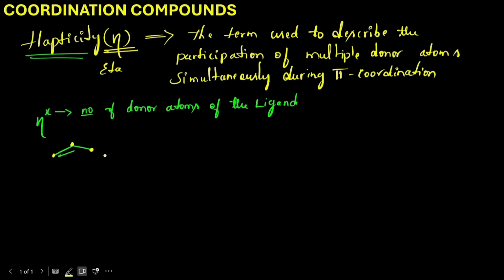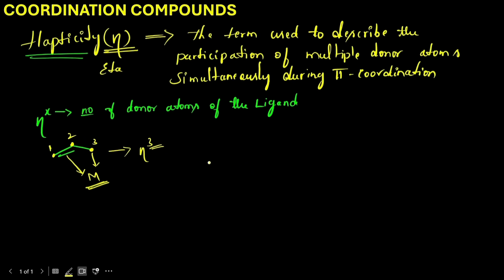So what happens in this case? Here this carbon atom will also act as a donor atom. These two carbon atoms will also act as donor atoms by donating these pi electrons, okay, to the metal atom. Therefore here the hapticity is eta 3 because we have 3 donor atoms, okay. This is carbon atom and this carbon atom and this carbon atom. All 3 carbon atoms will be acting as donor atoms.